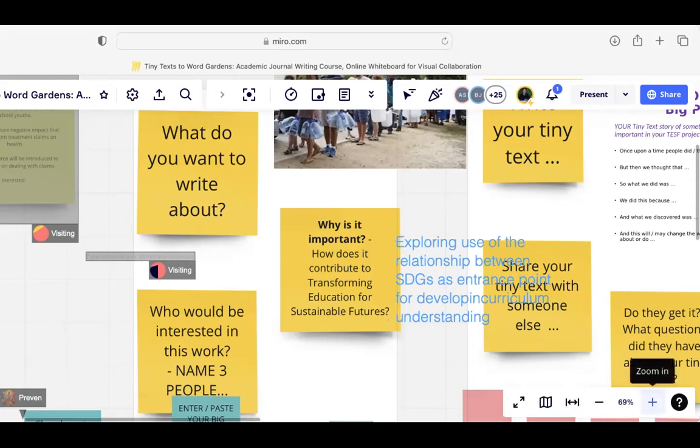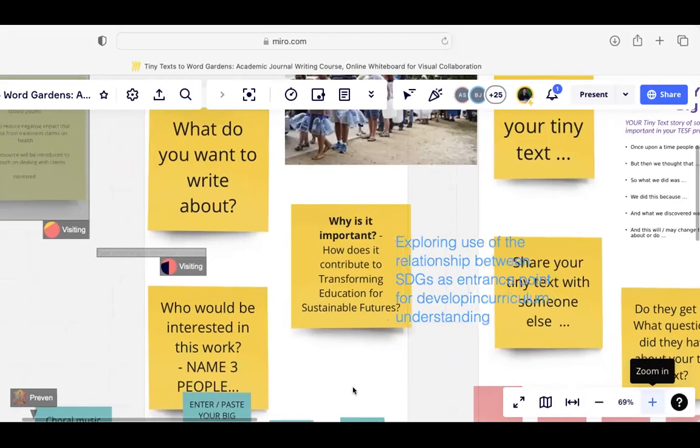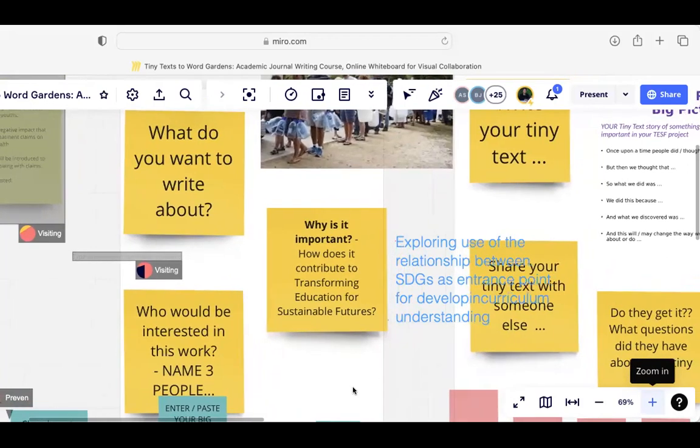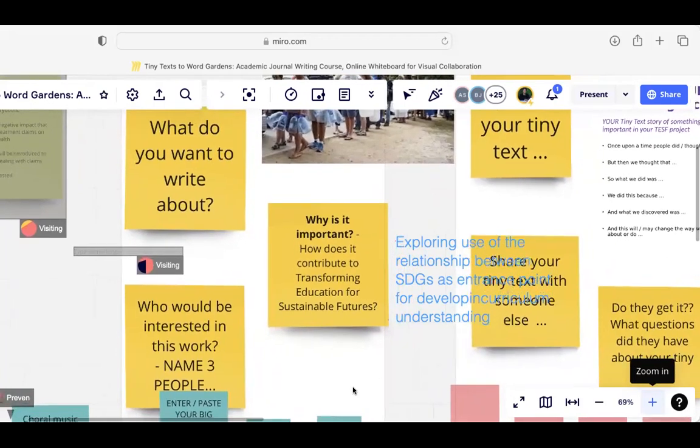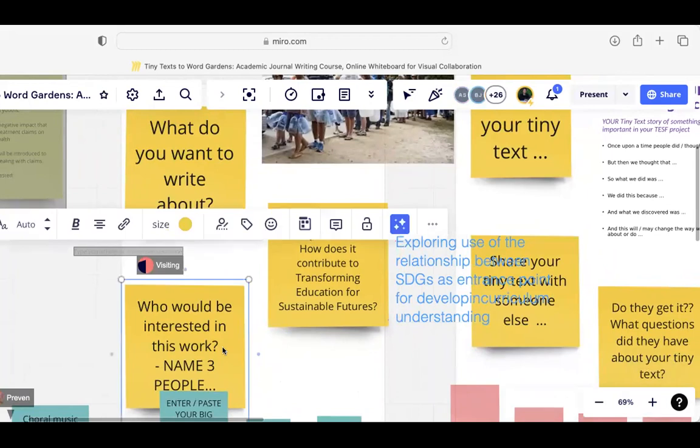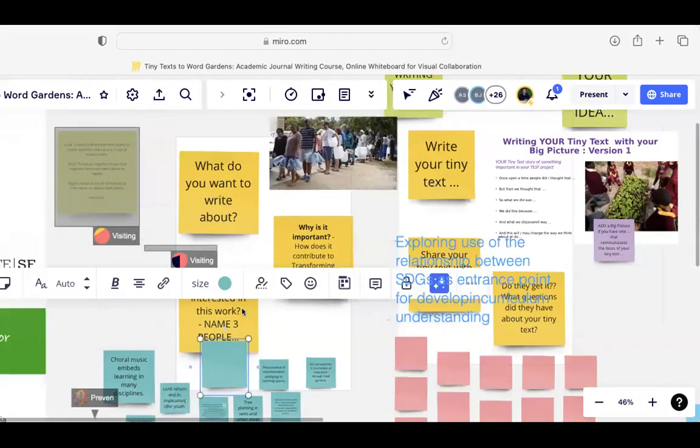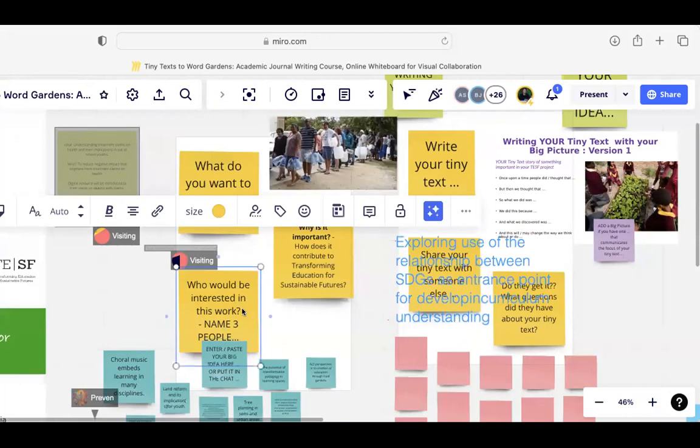It took me a while to actually identify people, because I was worried that the work isn't valuable enough to create an interest in these people. But then when you changed the wording slightly and you said, who do I want this work to speak to? I was able to actually justify to myself those individuals that I would like this work to speak to. So yes, Prof, that's where I'm at the moment.